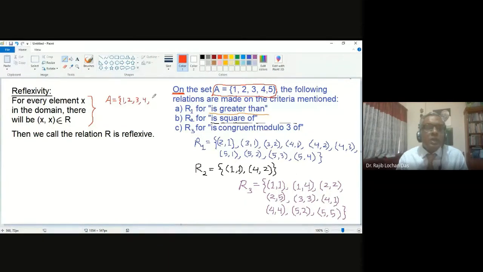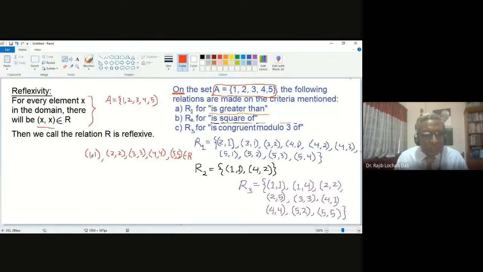If you have 5 elements, for every one you need to check X comma X. That means you need 1 comma 1, and also 2 comma 2, 3 comma 3, 4 comma 4, 5 comma 5.